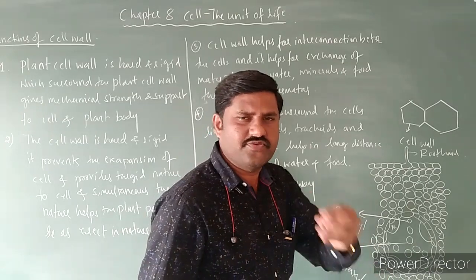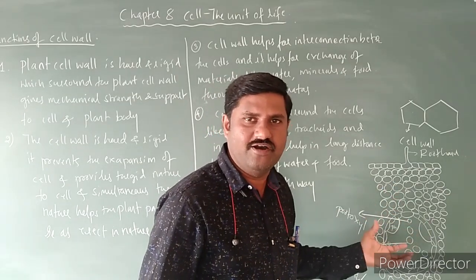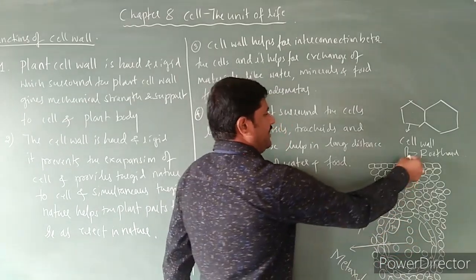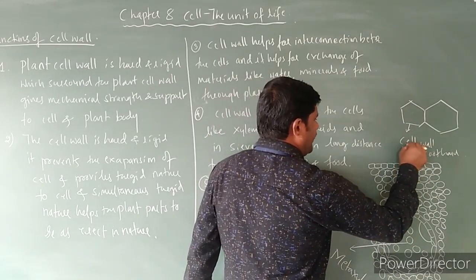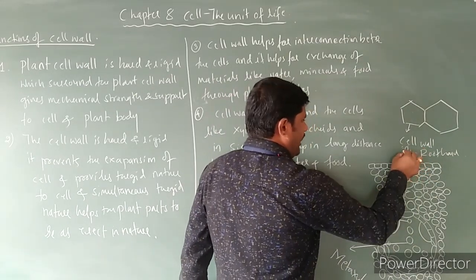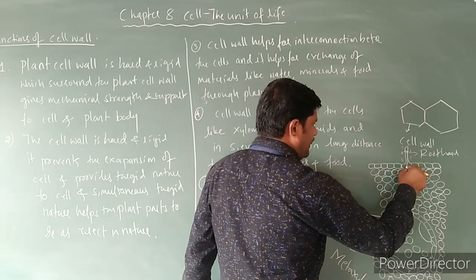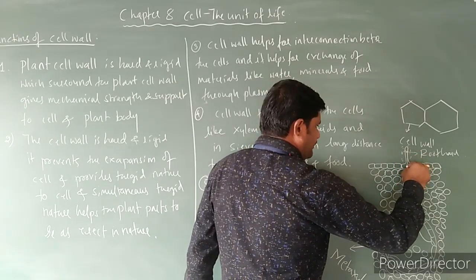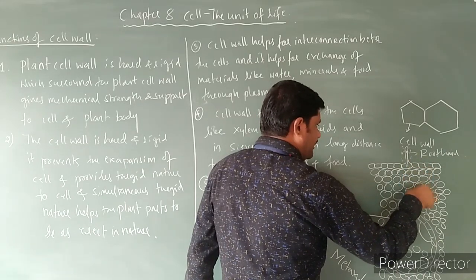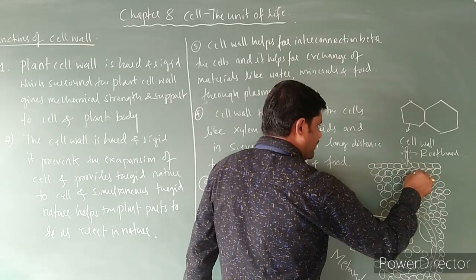So let us discuss very shortly the absorption method of the water itself, right? See here, this is the root hair. Around the root hair, the water comes over here, and the water that enters into the root hair comes to the epidermal cell, and through the epidermal cell, the cells are interconnected with the help of plasmodesmata.